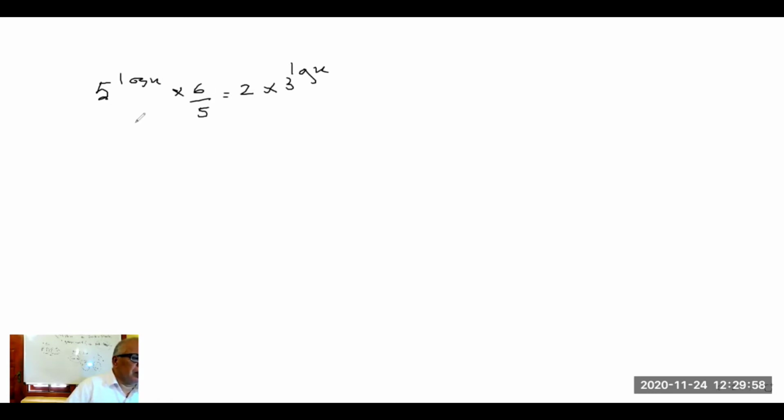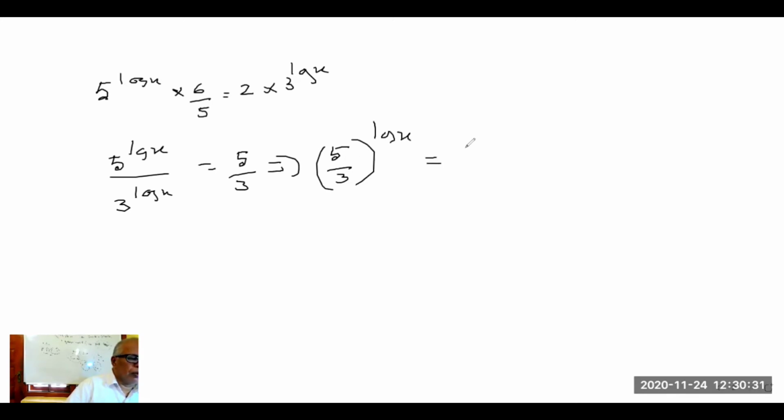Simplifying, we get 5 raised to log x by 3 raised to log x is equal to 5 by 3, which is nothing but 5 by 3 raised to log x is equal to 5 by 3 raised to 1, which means log x is equal to 1.